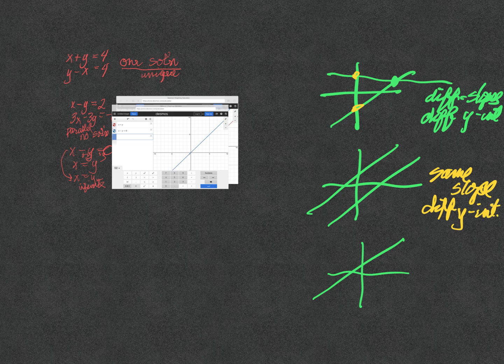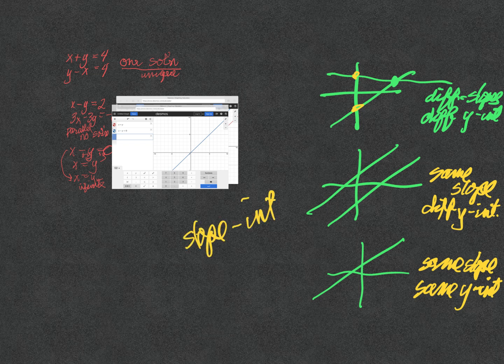And finally, in the third case, they have the same slope and the same y-intercept. So another way you can tell this besides the graph is you could put these all into slope-intercept form and then just compare their slopes and y-intercepts. And that will help you discern whether these are the same or different equations.